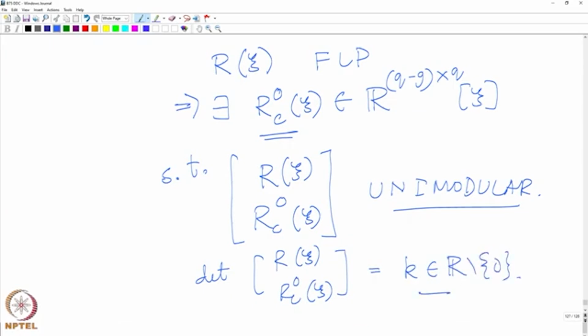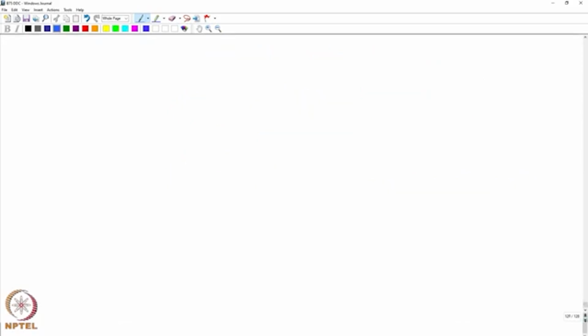That is not enough, right? I need it to be f xi. Now RC xi, define it to be like this. Notice carefully, take RC0 xi, look at its rows.